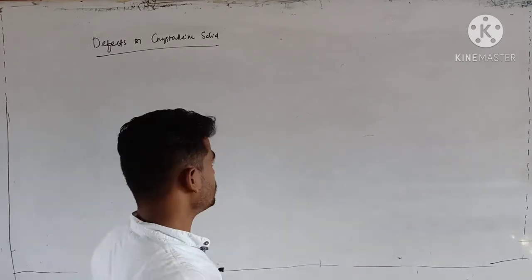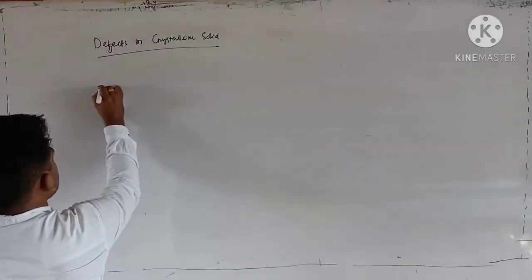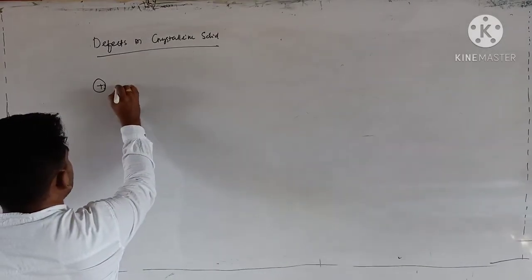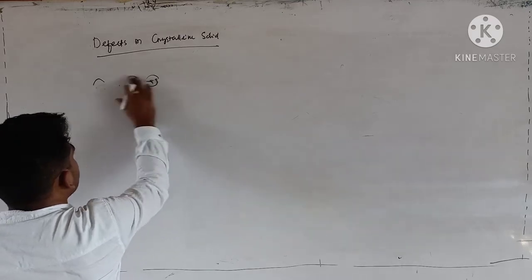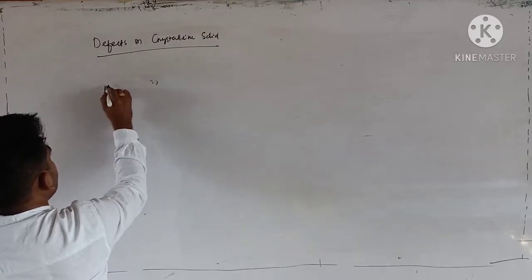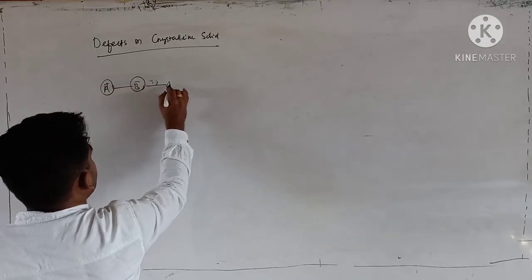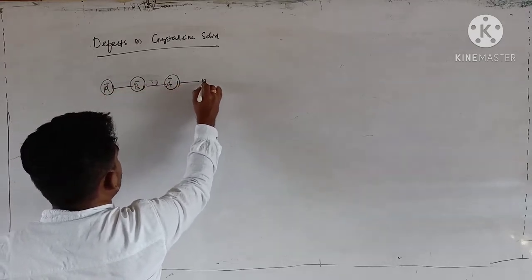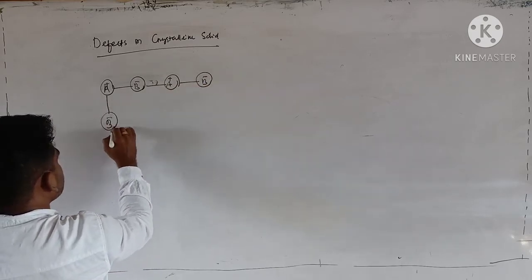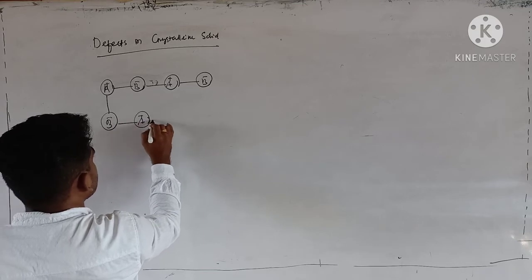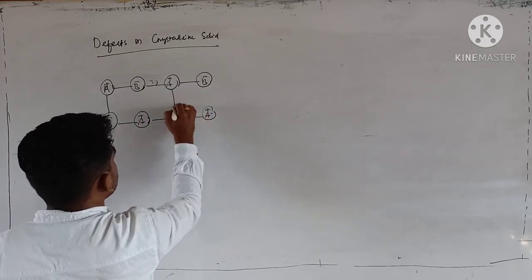Any irregularities that are obtained in a crystalline solid. Suppose I am arranging like this: A plus, B minus, A plus, B minus, next B minus, A plus, B minus, A plus.